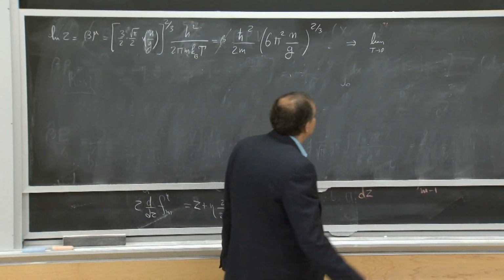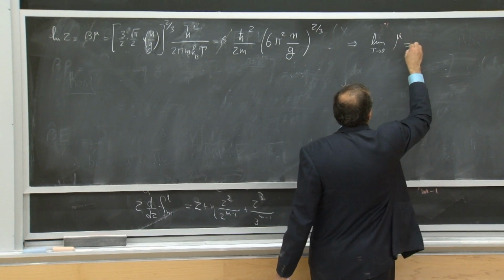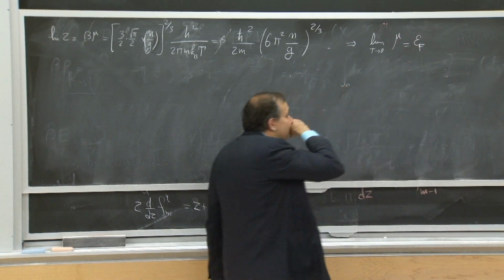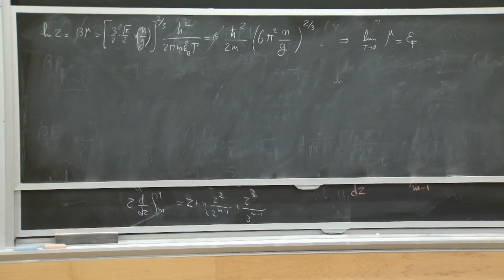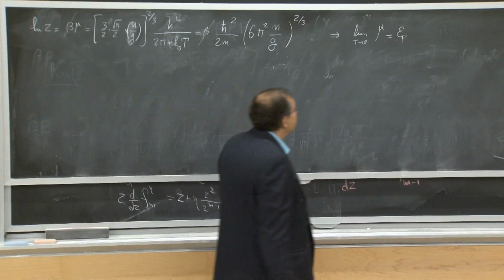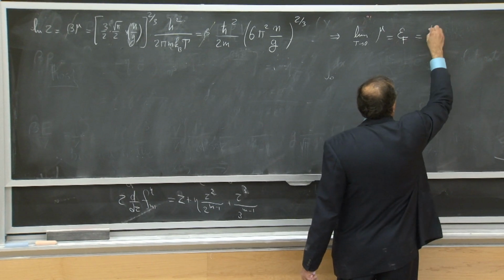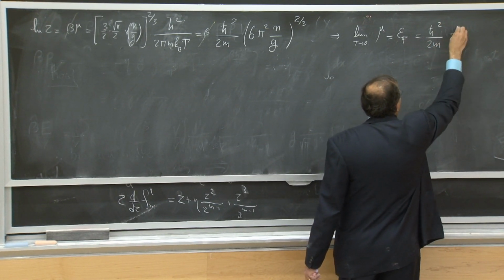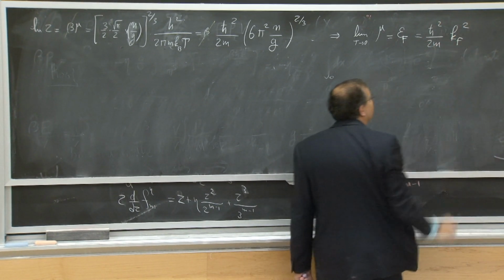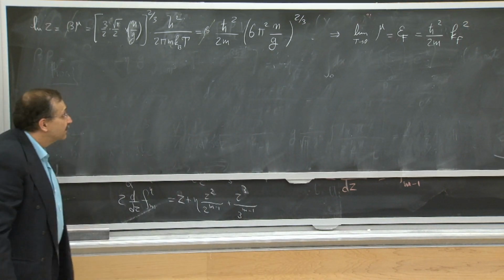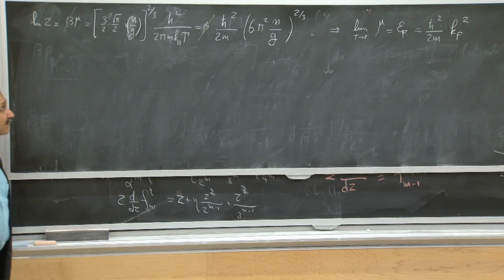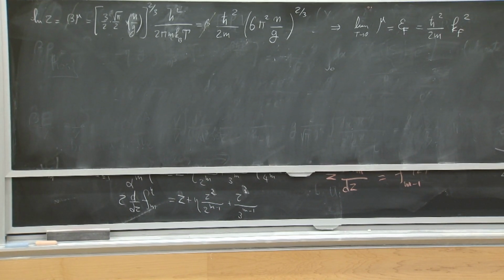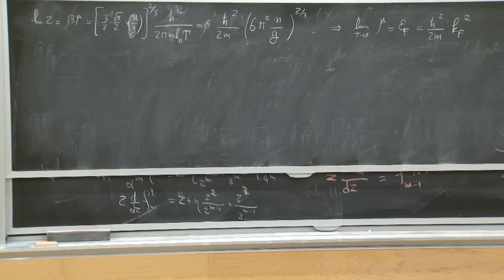Canceling the betas, the limit of mu is something that potentially in solid state courses you have seen as the Fermi energy. And the Fermi energy is h bar squared over 2m, some Fermi momentum squared. And hopefully the Fermi momentum is going to come out to be 6 pi squared n over g to the 1/3.